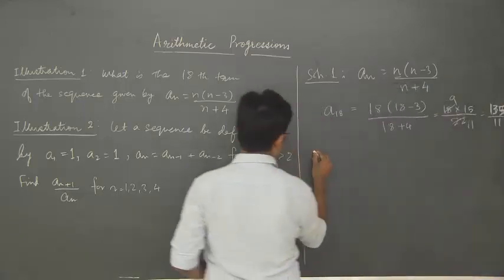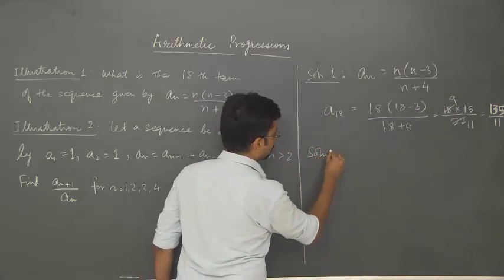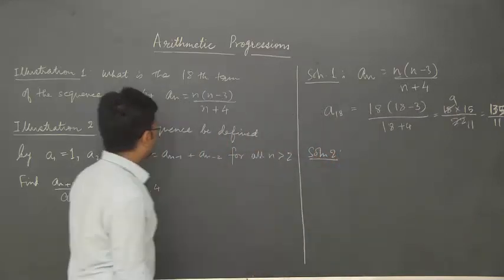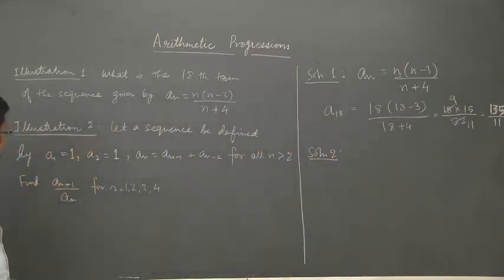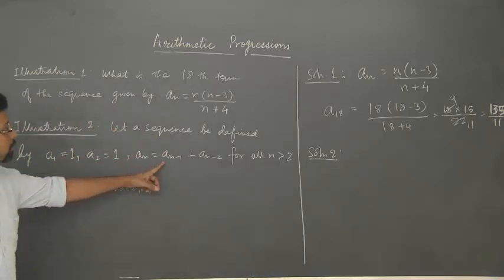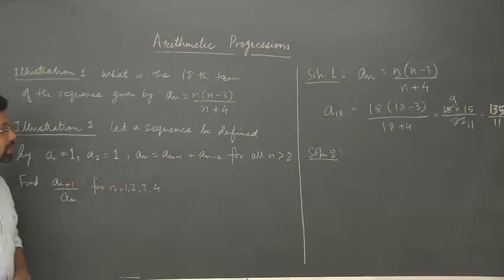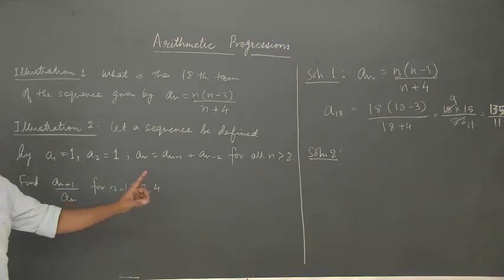Now let's take up the second question. What does it say? It says, let a sequence be defined by a1 equal to 1, a2 equal to 1 and an equal to an minus 1 plus an minus 2 for all n greater than 2. We have to find an plus 1 by an for n equal to 1, 2, 3 and 4.